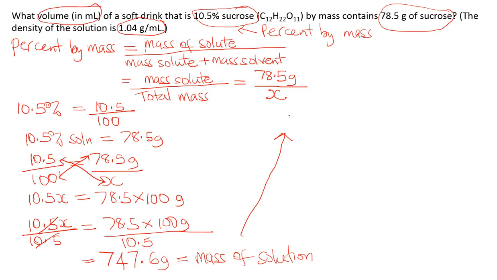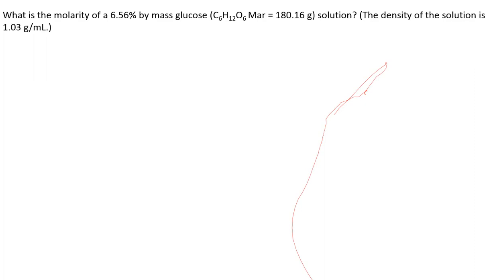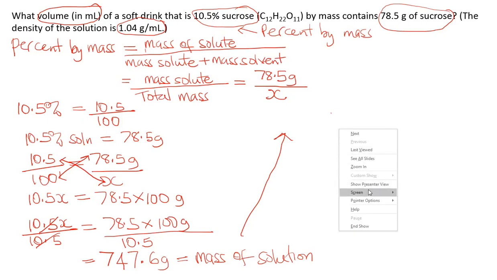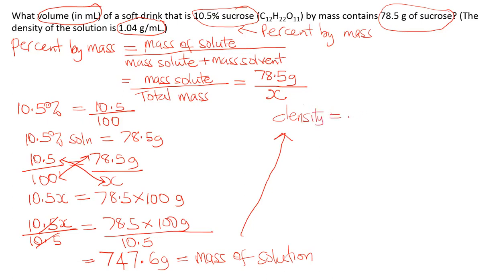So once you find mass, we know that density is given by mass divided by volume.